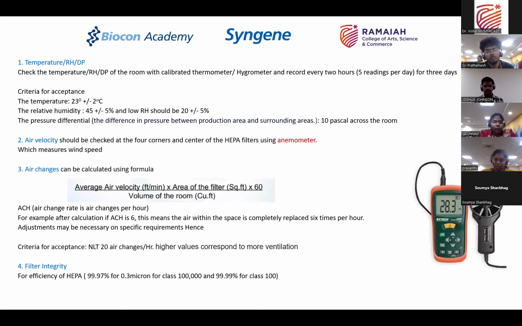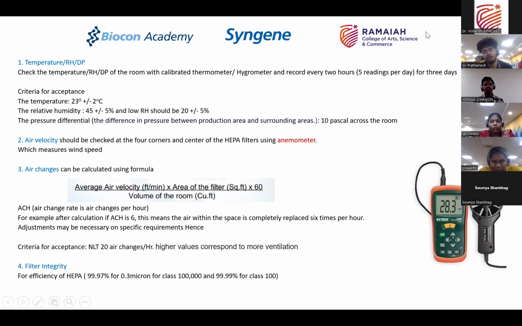Temperature will be measured by thermometers, and hygrometers are used for relative humidity. With the help of these instruments, every 2 hours the readings will be taken, meaning what is the change happening in the temperature and relative humidity in a day's time. So 5 readings have to be taken in a day.